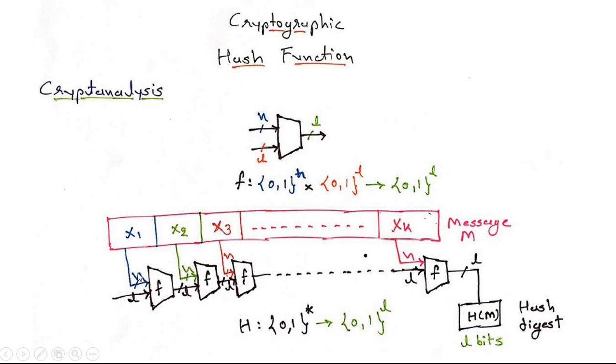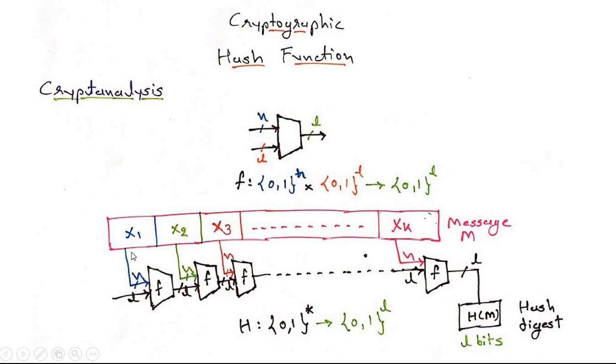Suppose n is equal to 32 bits, so every slot carries 32 bits. We cannot have one slot of 16 bits and one slot of 32 bits and one slot of 64 bits. If we are dividing into 32 bits, every slot carries 32; if into 64, every slot carries 64 bits.